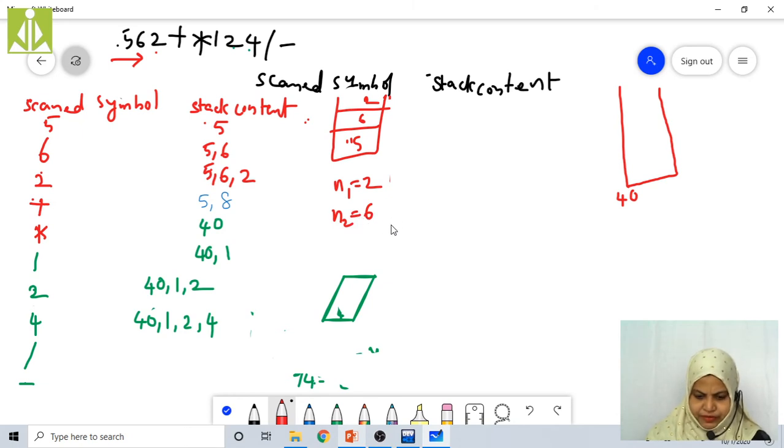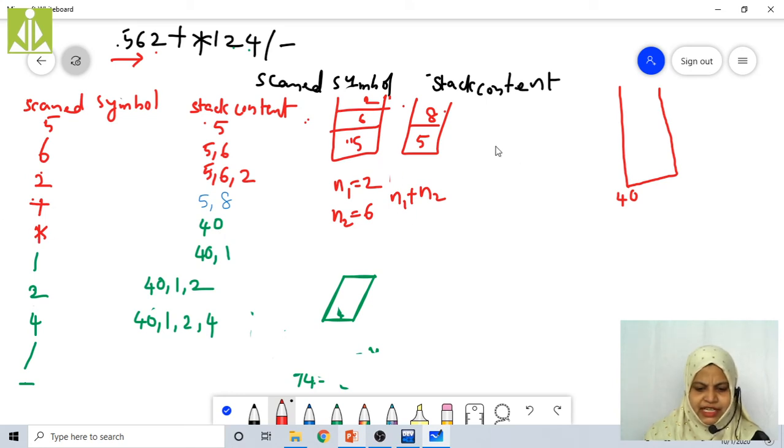Then you have to perform the operation n1 plus n2. So here 6 plus 8, 5 comma 8. Then my stack consists of this 5 8.